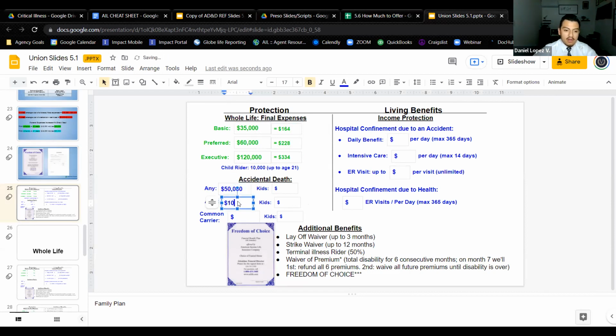we're going to go over the one thing I forgot, the kids. With the A71, the kids are covered as well, but it's not the same as a parent.